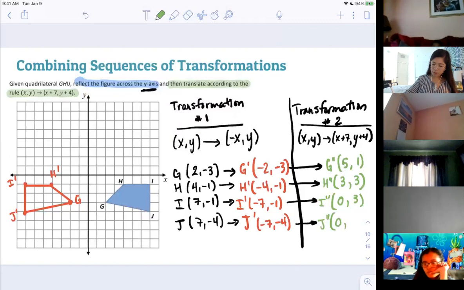Negative 4 plus 4 is 0. So that's my new image. So let's go ahead. 5, comma 1. Then I have 3, comma 3. 0, comma 3. And 0, 0.